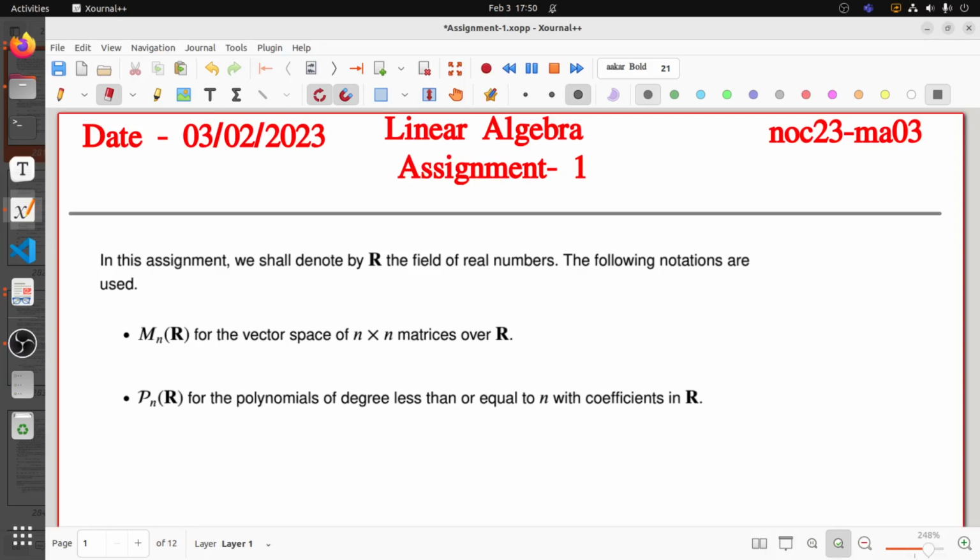What is 4 cube? 64 square, right? Now you will check whether these two are the same or not: 64 square and 4 to the power 6.